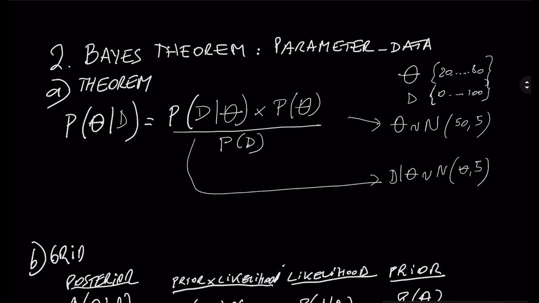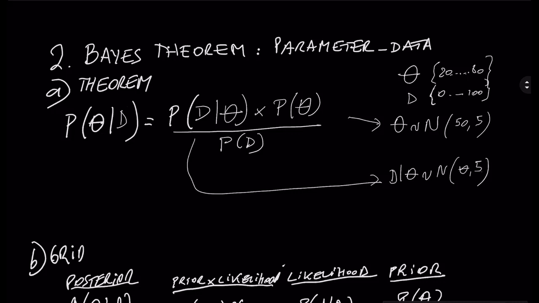Probability of the data is very, very difficult to calculate. That we sometimes don't even calculate it, and we settle to just determine that the posterior is proportional to the numerator in this equation. Now, as I mentioned for the events case, we typically have information about the prior and the likelihood.